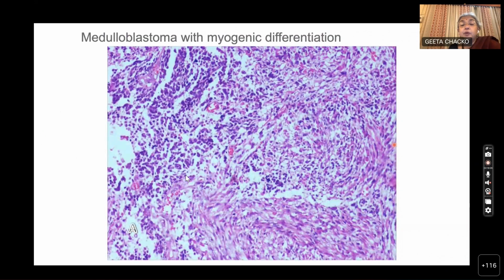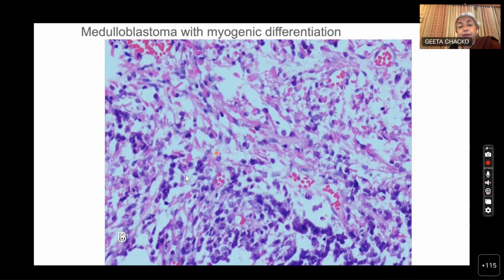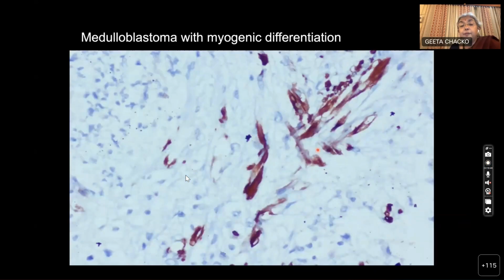variant. Now, sometimes you see these kind of spindled areas with a lot of cytoplasm, almost looking like, can you see this long strap cell-like appearance? And you can demonstrate positivity for myogenin or desmin in this. Earlier these used to be called medullomyoblastomas, but now they're called medulloblastomas with myogenic differentiation.